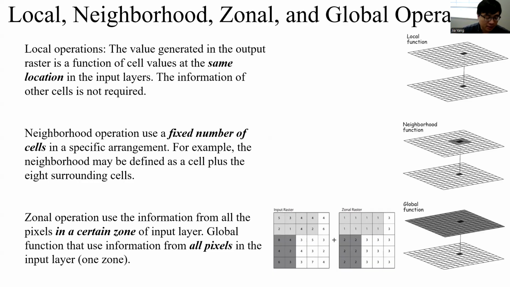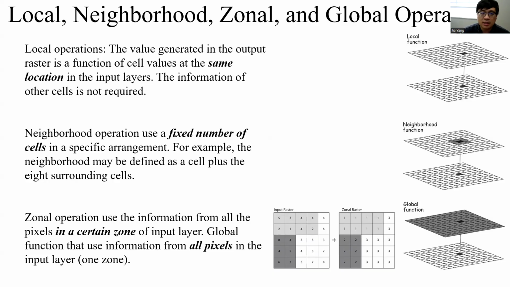We calculated the difference between the pre-fire NBR and the post-fire NBR. The difference, that's DNBR, represents the fire severity. That kind of operation is a local operation. The value in the output layer only depends on the value in the input layer at the same location.